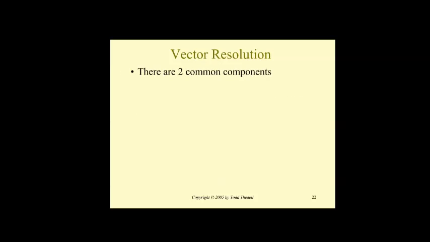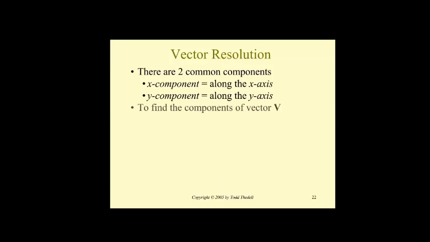Okay, so vector resolution, there are two common components. The x component, which is along the x-axis, and the y component, which is along the y-axis. Could also be parallel to either one of those axes. To find the components of this vector v that's directed with an angle theta, the y component, or vertical component, is calculated by multiplying the magnitude of the given vector times the sine of the angle within this right triangle.